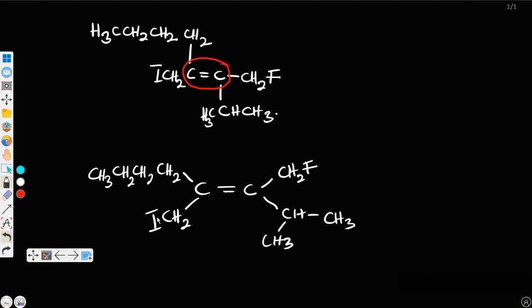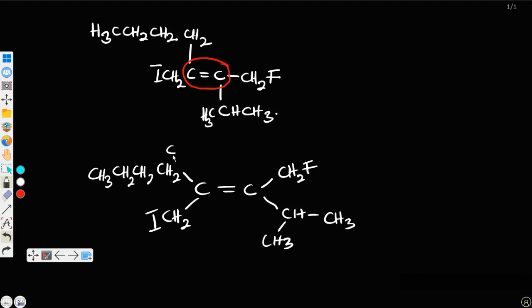Now let us assign priority to each of the individual groups that we have there. Between these two groups, which do you think has the highest priority? Now you cannot really just look at the one that has the highest priority here, because this CH3, CH2, CH2, CH2 has a lower priority as compared to this one. Do you know why? Because if you want to count it, you have CH2 here.